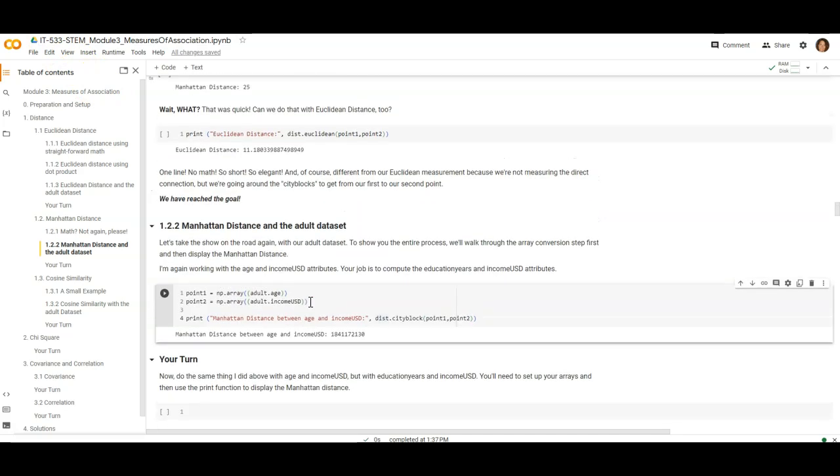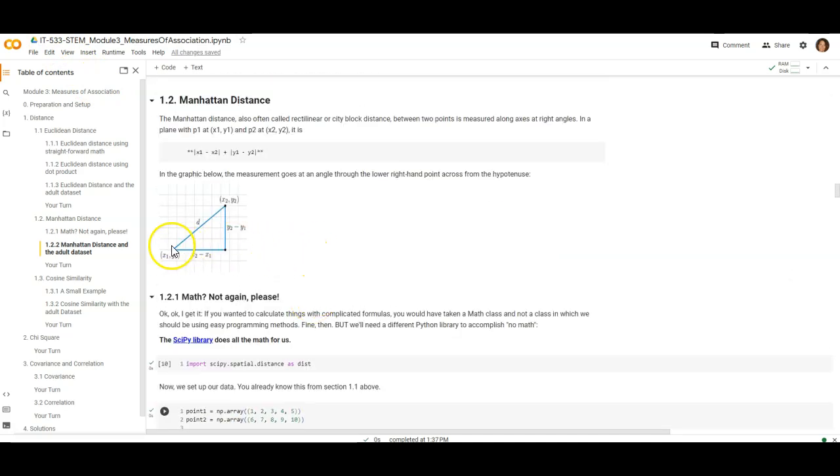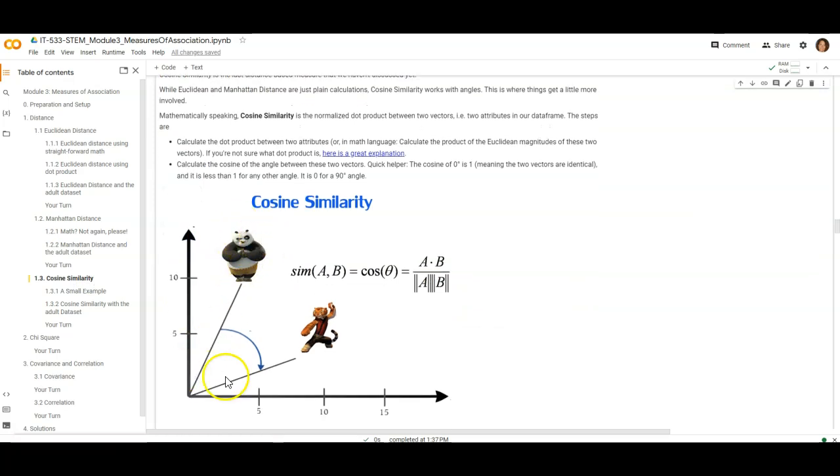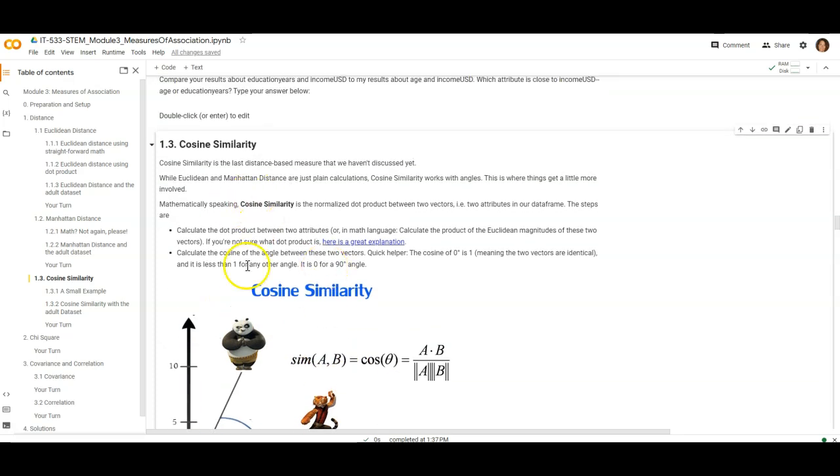So now, talking about our triangle, we have so far looked at our Euclidean distance and we have looked at our Manhattan distance. The next thing we're going to look at is our angles. Angles between two different vectors. And this is where cosine similarity comes in.